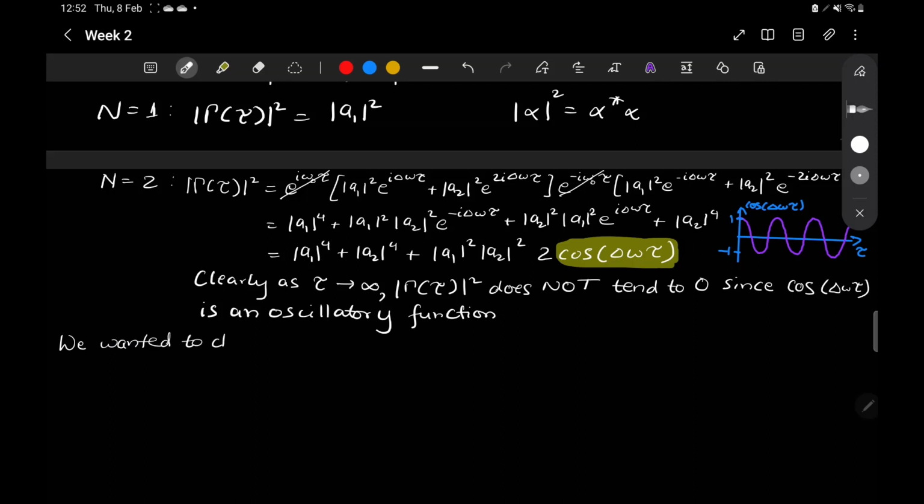So we wanted to check for a general case.